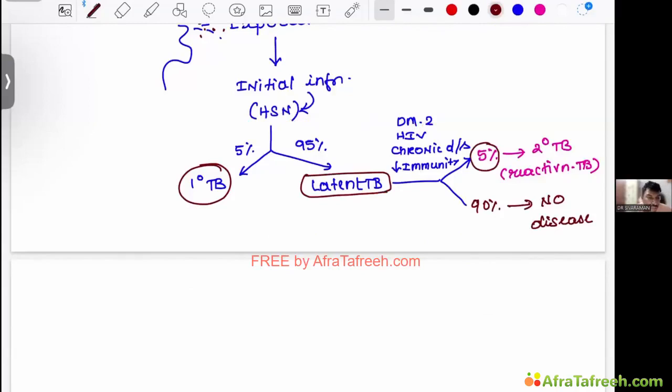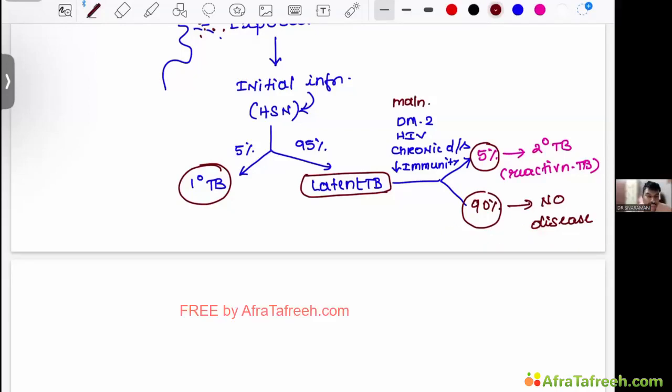This is seen usually in patients with malnutrition, DM2, HIV, chronic diseases, decreased immunity. So these people are going to develop full-blown tuberculosis.